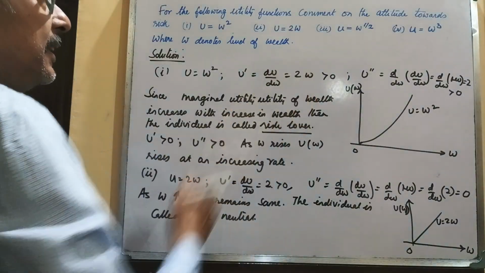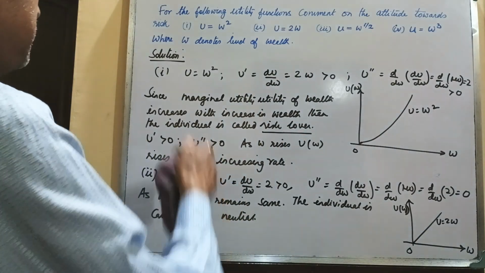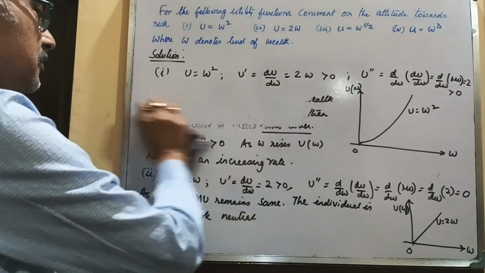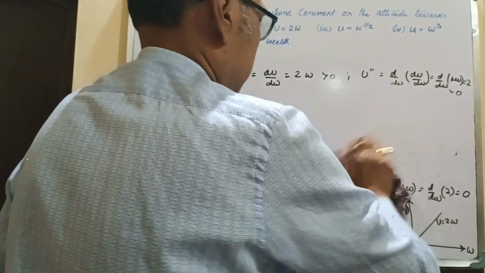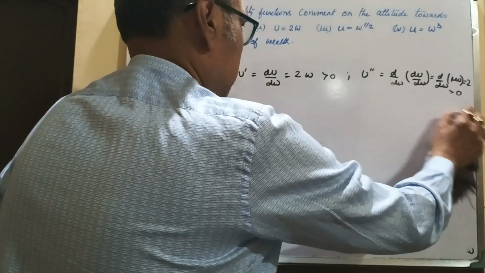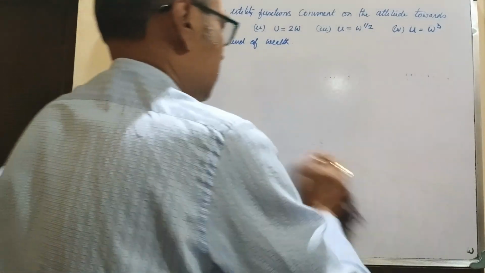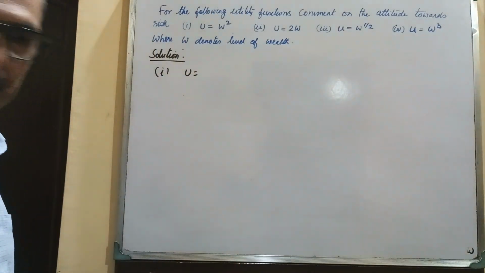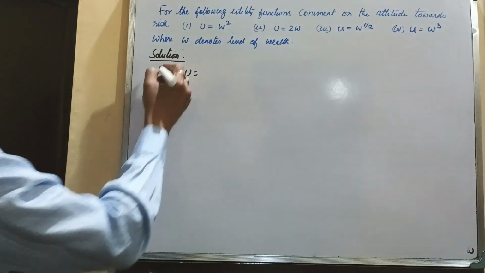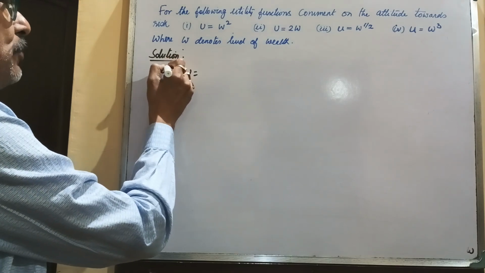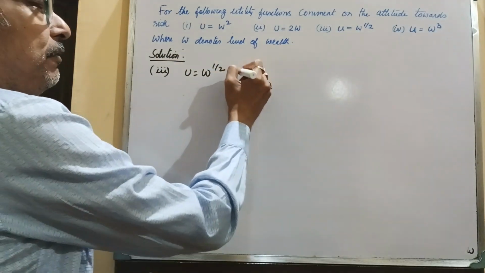Now we do the third part. Part 3. The utility function is given as u equals w to the power half.